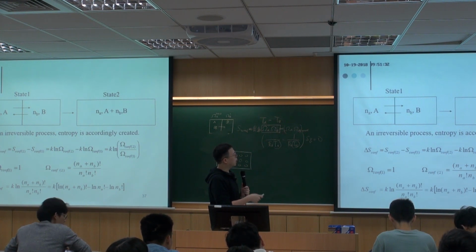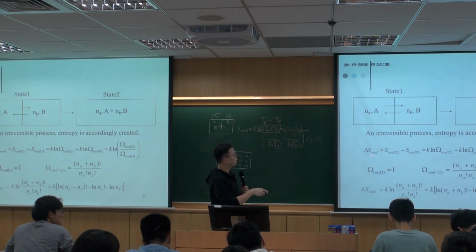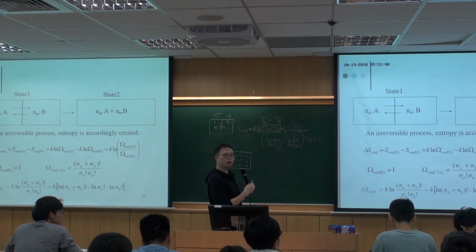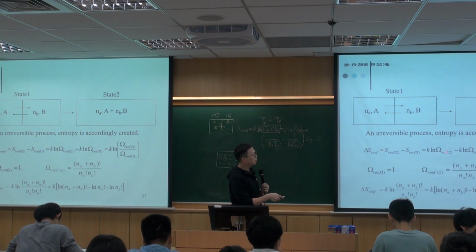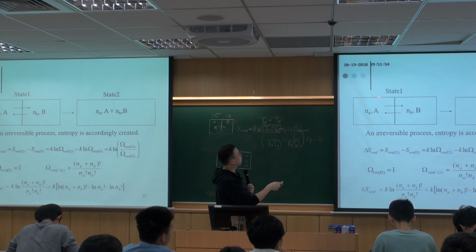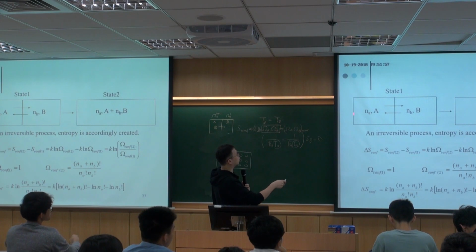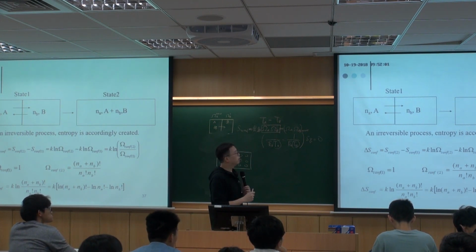So if we want to calculate the change of this entropy, we represent this as delta S configuration because it is related to the configurational change. And this can be calculated by k log omega final minus k log omega initial. So the initial state means that we have, for instance, the orange particles on the left-hand side and yellow particles on the right-hand side.